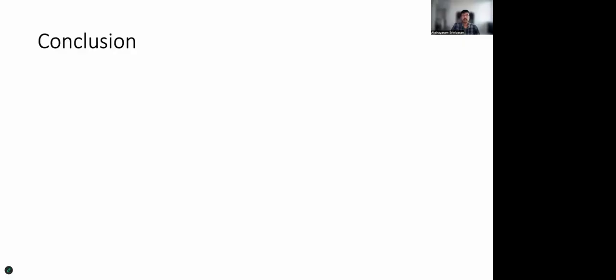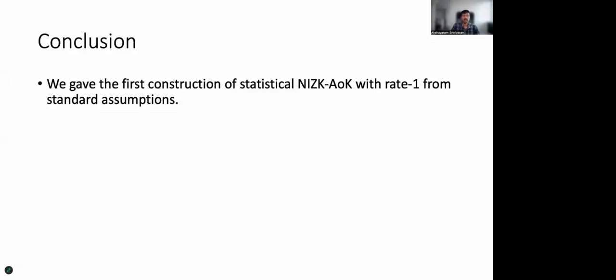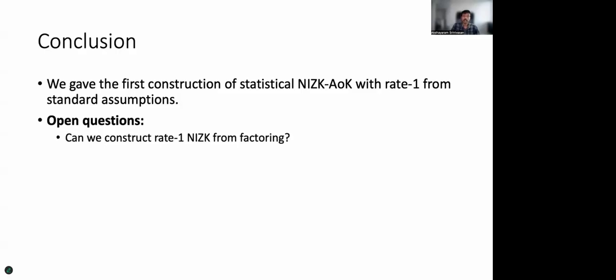Okay, so I won't have time to go into the details of how we prove statistical zero knowledge, and I would encourage you to look into the paper for the details. So to conclude, we gave the first construction of a statistical NIZK argument of knowledge with rate 1 from standard assumptions. And some interesting open questions are to get rate 1 NIZK from factoring.